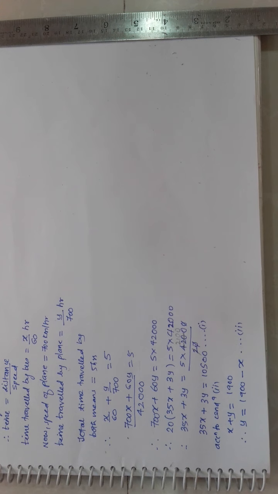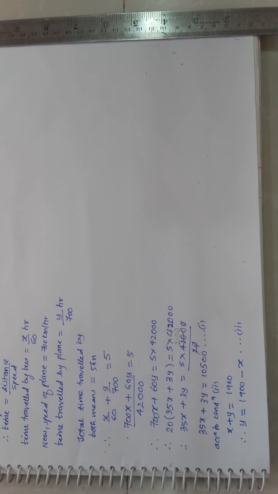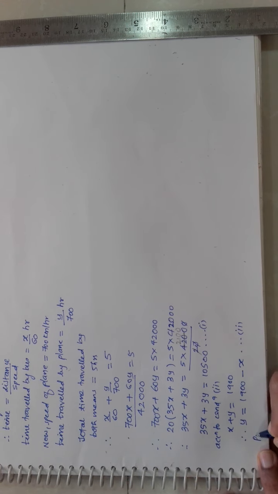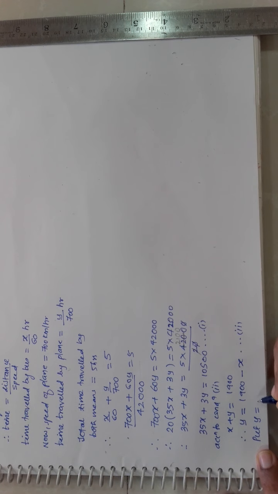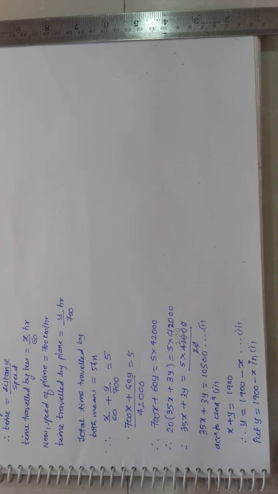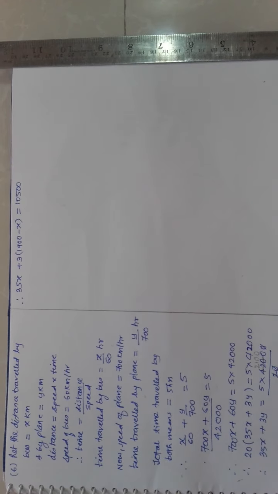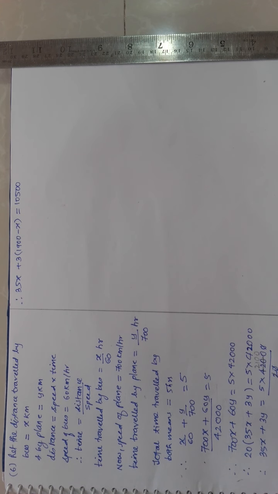So I will put y is equal to 1900 minus x in first one. Agreed? So what do you get? I have substituted the value of y as 1900 minus x in first one, so it is 3 multiplied by 1900 minus x.